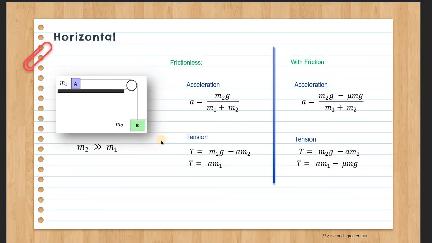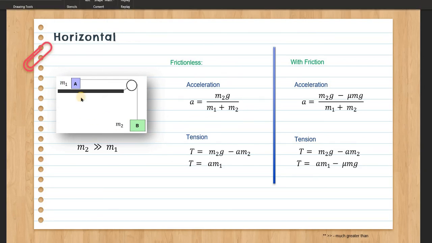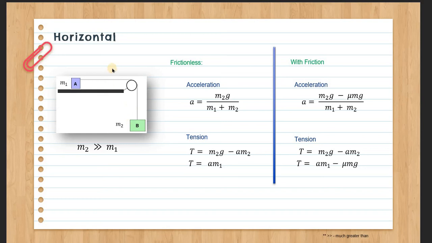Okay, pag horizontal naman, so you can see na may surface dito. So, sa table and then nakahang yung object. Most probably, it would be moving towards M2 because M2 is much greater than M1. So, kapag walang friction, dito, so may normal force and then my weight, M1G, which is equal and opposite in direction.